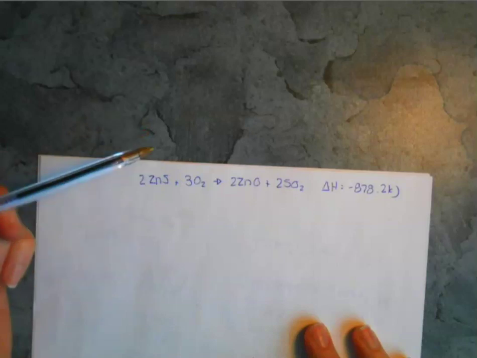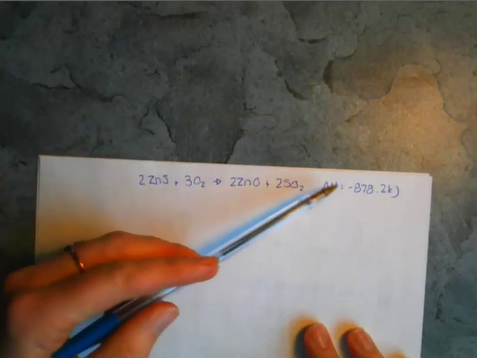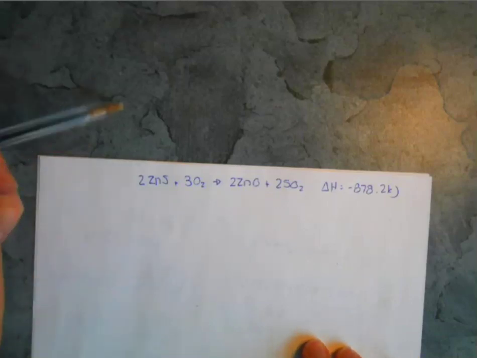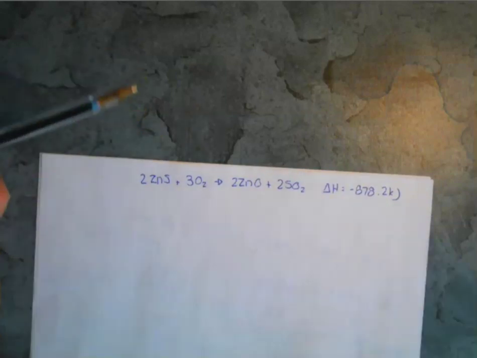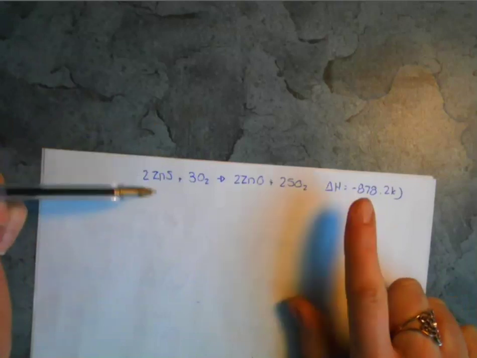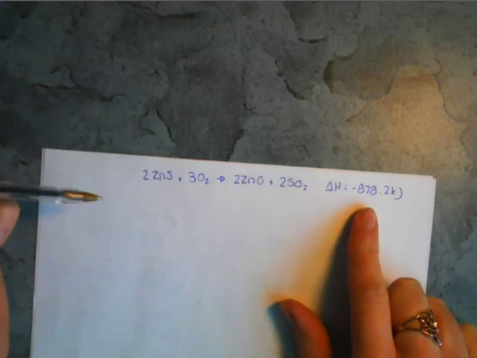So basically, they give you the reaction with the enthalpy, and then you're asked how much heat is released when 3 moles of zinc sulfide reacts in excess oxygen. So essentially, this is an example of a multi-step calculation because all you're given is the enthalpy for the reaction.